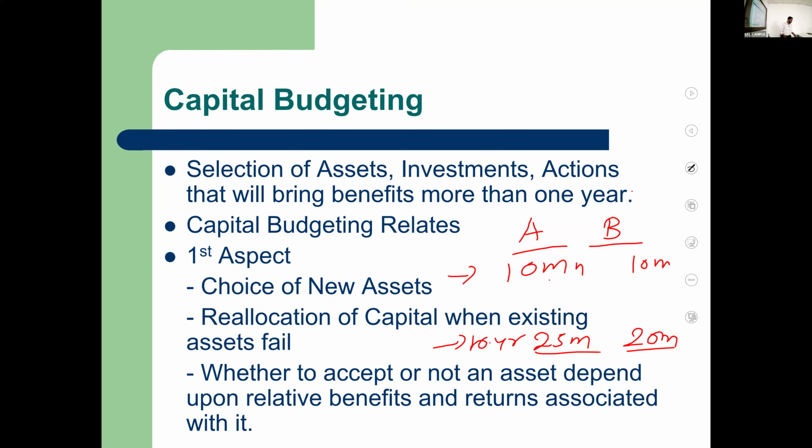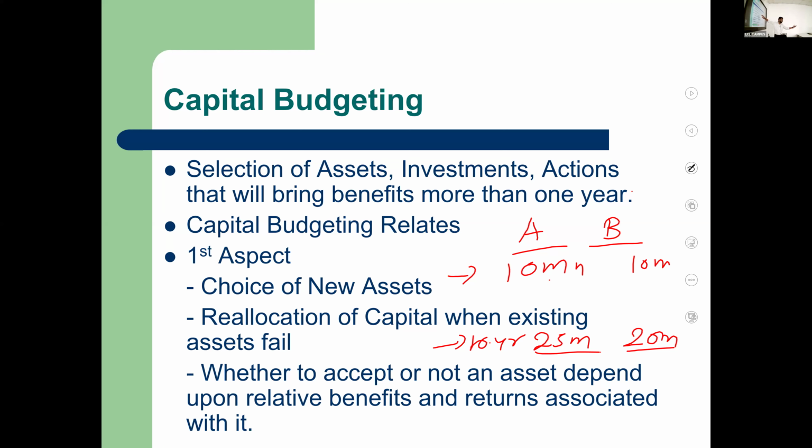These are the things we do under financing. No, investment decisions. There are three decisions. What are they? Investment decision, finance decision, dividend decision. Now you can explain those decisions as well, right? So this is one of the aspects of what? Capital budgeting.